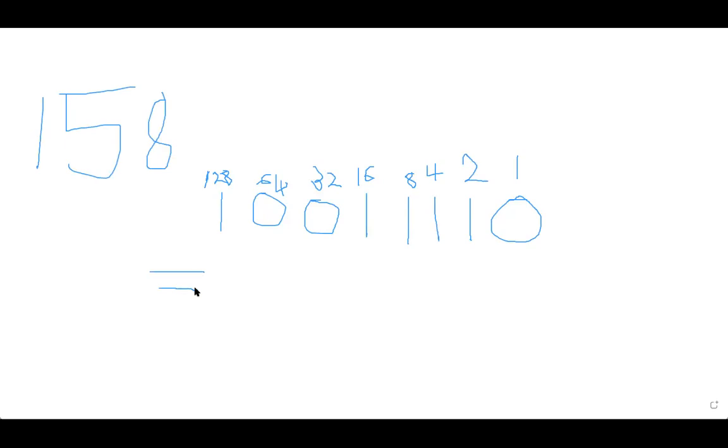Note that when I was starting, I told you a 0 means off, 1 means on. So here we are taking all the on. Let's start. Every on we are going to take here.